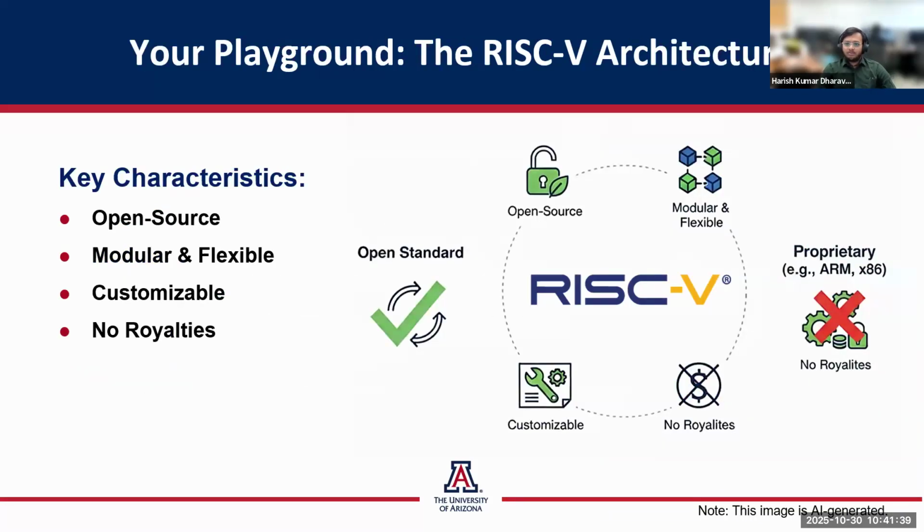It is going to be your playground for the next semester, whereas proprietary technology is something we cannot customize or we have to pay for, and it is not as flexible. And RISC-V currently has been used in lots of technologies.